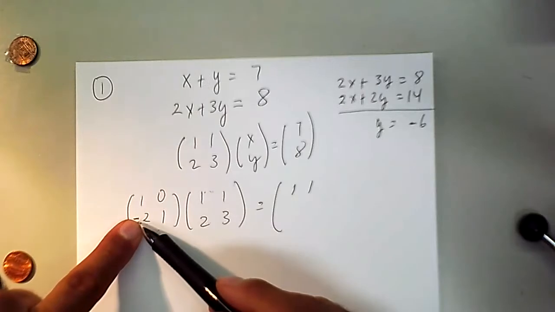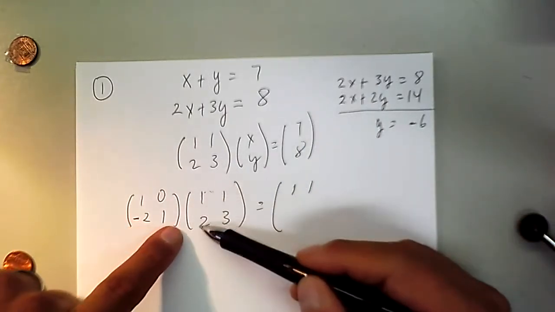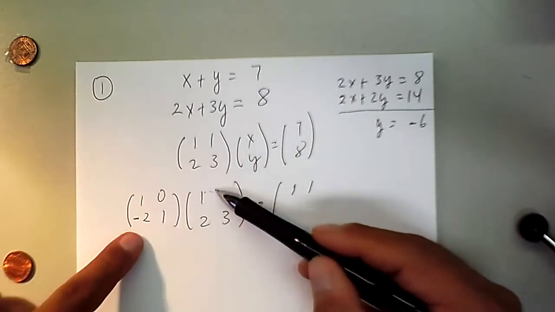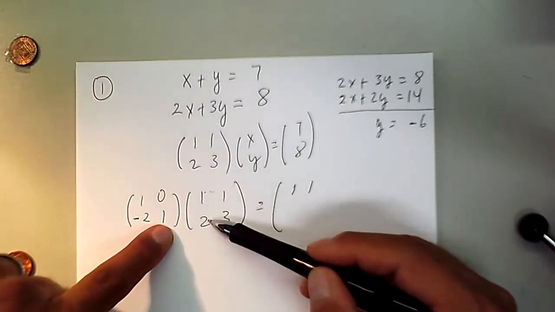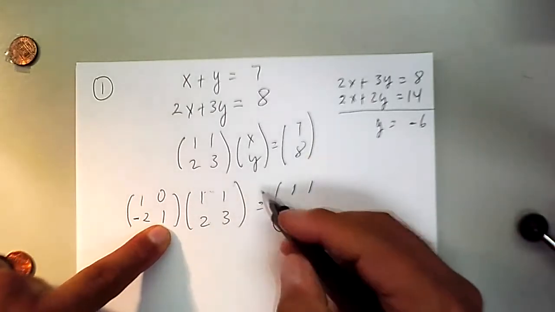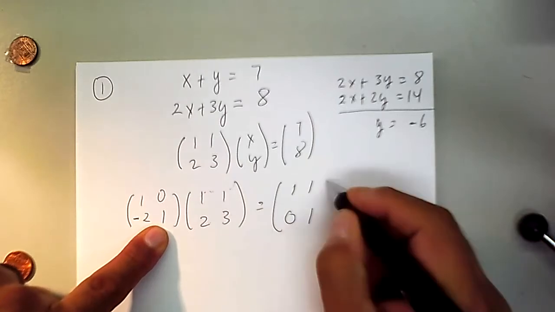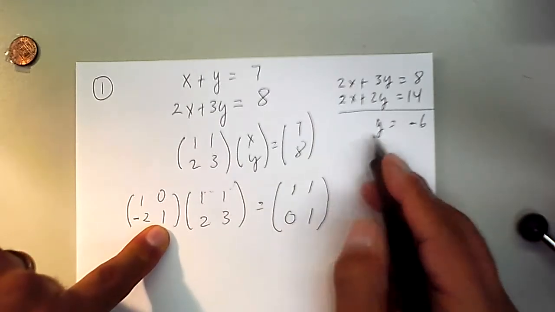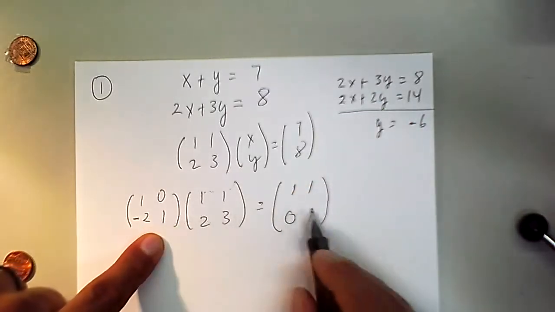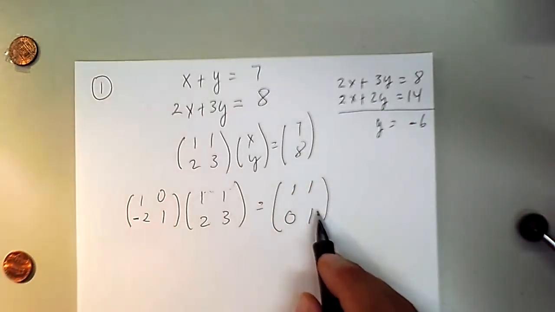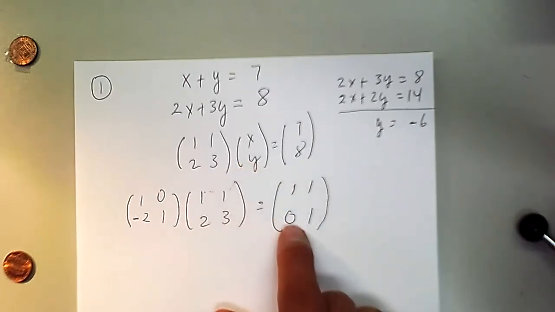The negative means subtracts twice as much of this, and adds it into the second row. Well, let's see. -2 times 1 is -2, plus 2, 0. -2 times 1 is -2, plus 3, 1. There we go. So it leaves the y alone. But we're not doing this with algebra of equations. We're doing this with algebra of matrices. So this represents x plus y when we multiply with x, y, and 0, 1.